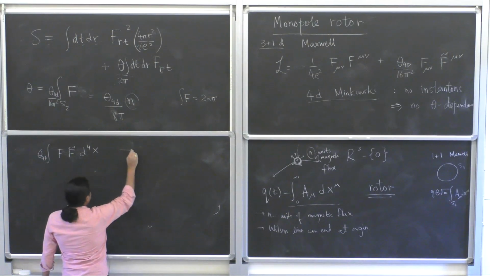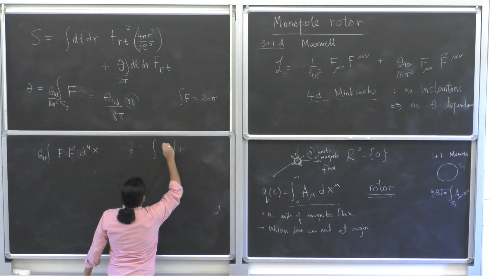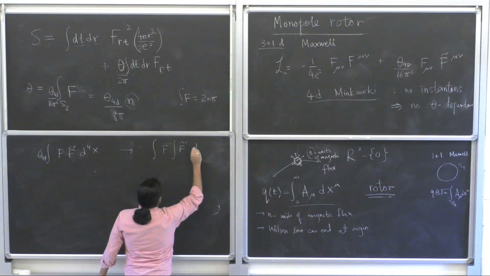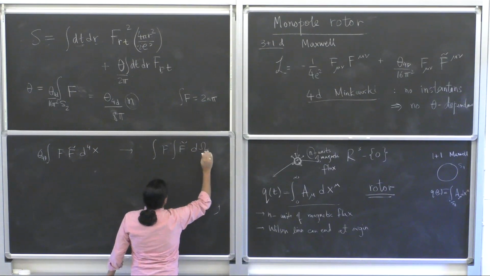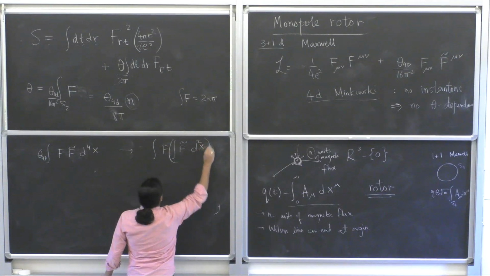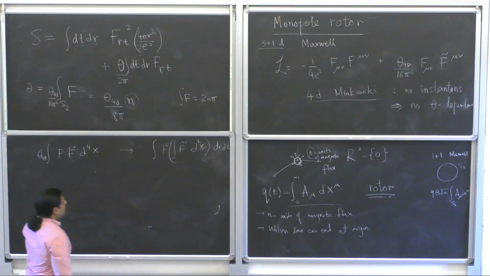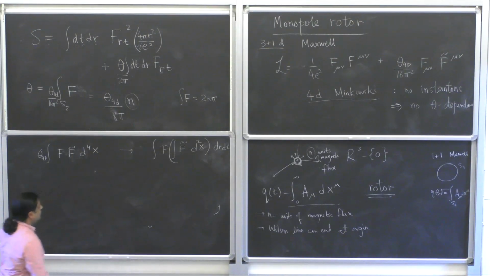When we compactified this, we thought of this as F F tilde on S2, what shall we call its coordinates, d^2x times dr dt. I'm not being careful about the indices. I'm just showing you how the compactification gives you the effective theory.